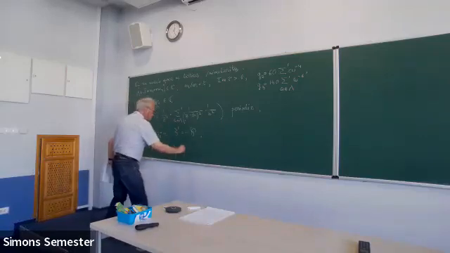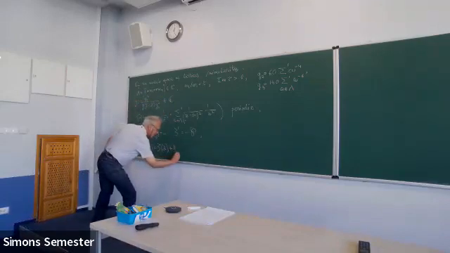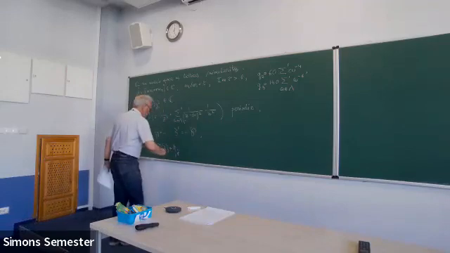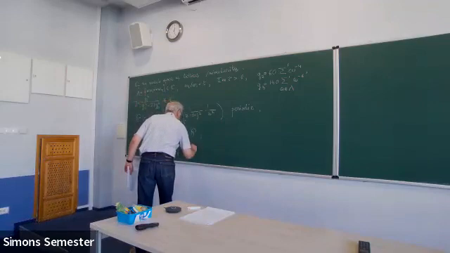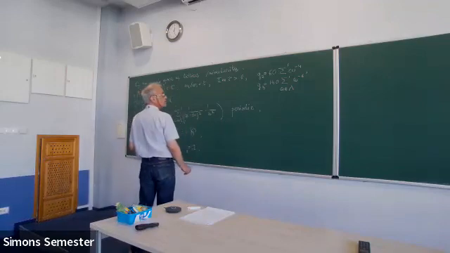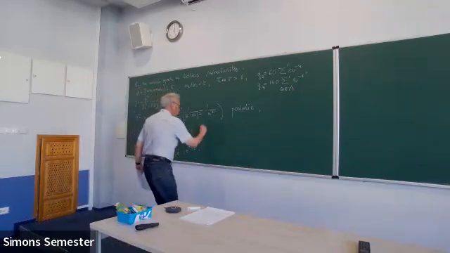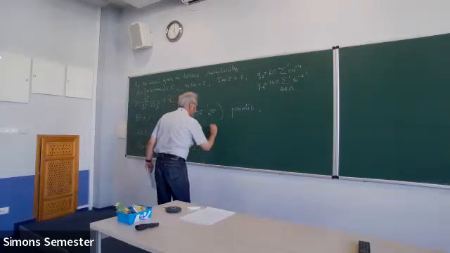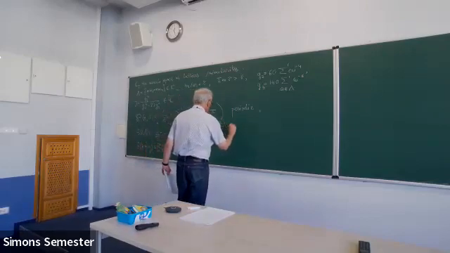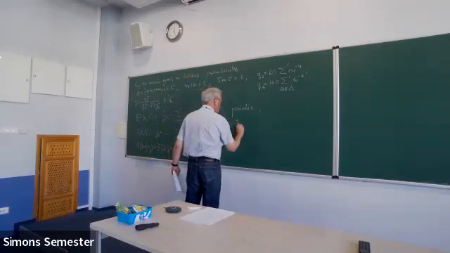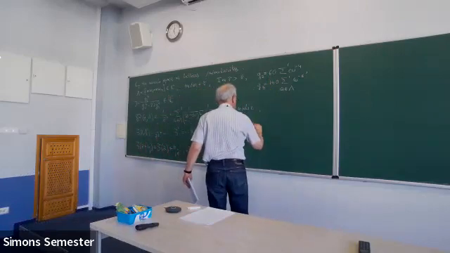Okay, and accordingly we have periods of this zeta. And now P satisfies the differential equation with these G2 and G3 as coefficients.